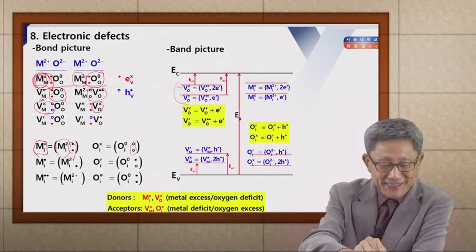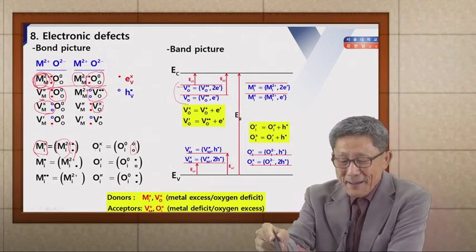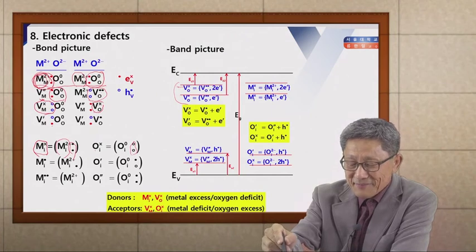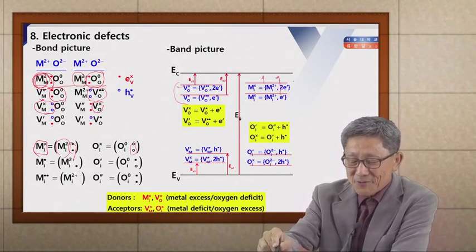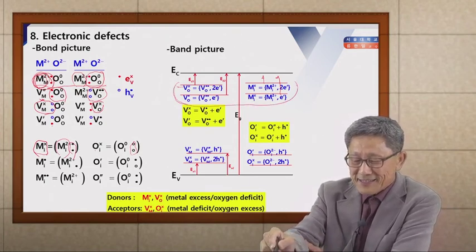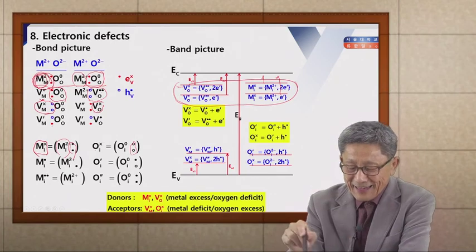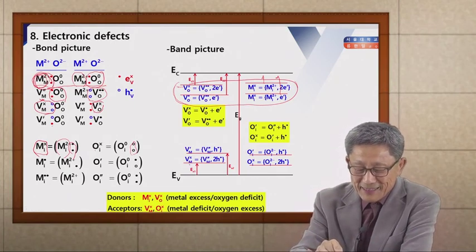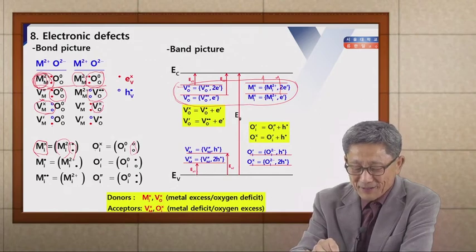Here, oxygen vacancies, neutral vacancies. Metal interstitial, yes. First ionization, second ionization, yes. Also works as the donors. Here, these work as donors. And what about the metal vacancy? Neutral metal vacancy: now, it accepts 1 electron from the valence band to make singly ionized.